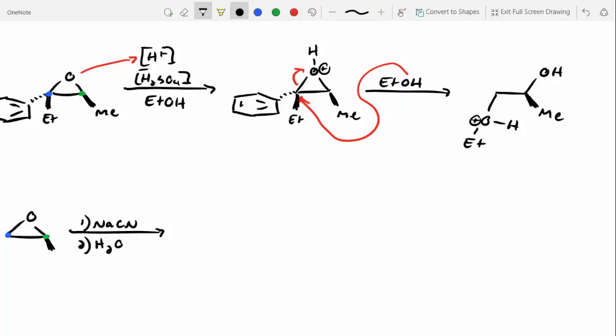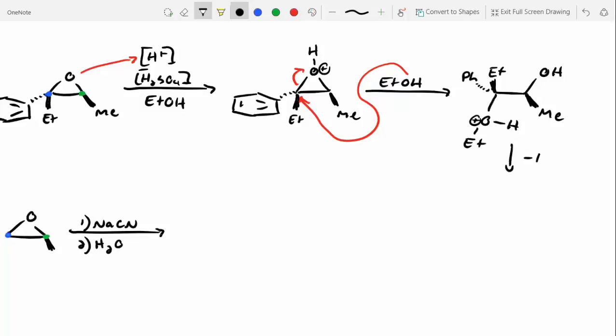But what about the carbon where the ethanol attacked? It's going to be inverted, right? So that ethanol is still going to be a wedge. Or sorry, the ethyl group. And I'm actually going to abbreviate this Ph just to save some room. So that phenyl group got flipped up, that ethyl group got flipped up. We have to remember to invert stereochemistry.